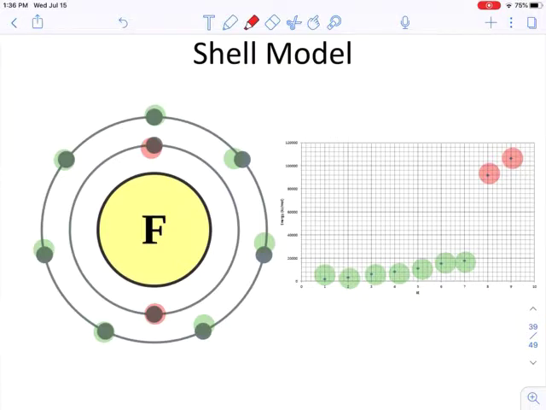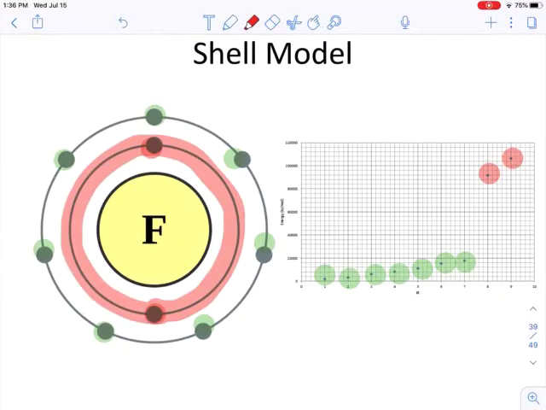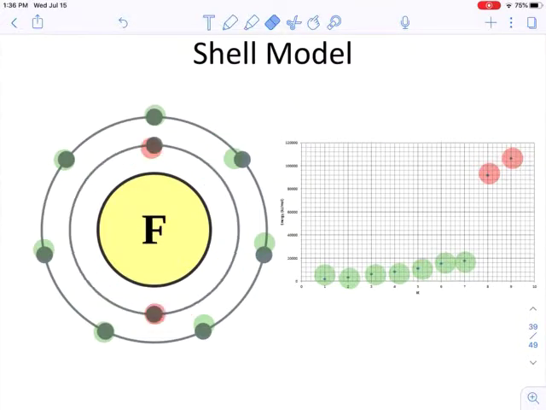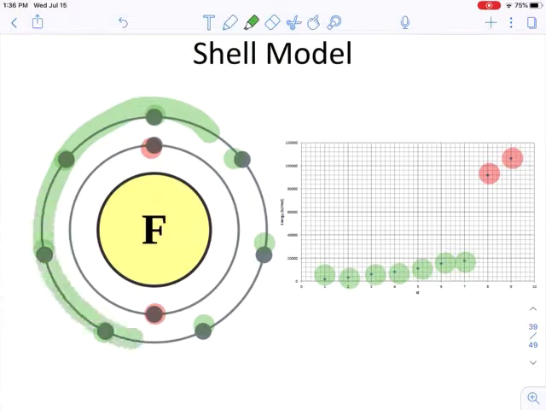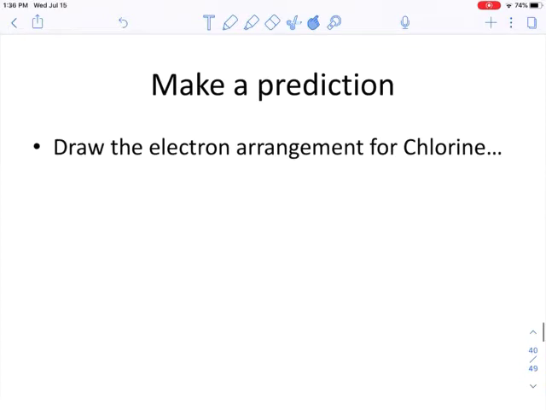Those are even closer than the other ones, and so according to Coulomb's law, they are the hardest to take. So this inner shell, or shell 1, is our first shell. Then we've got an outer shell that is further away from the nucleus. As distance increases, energy decreases.